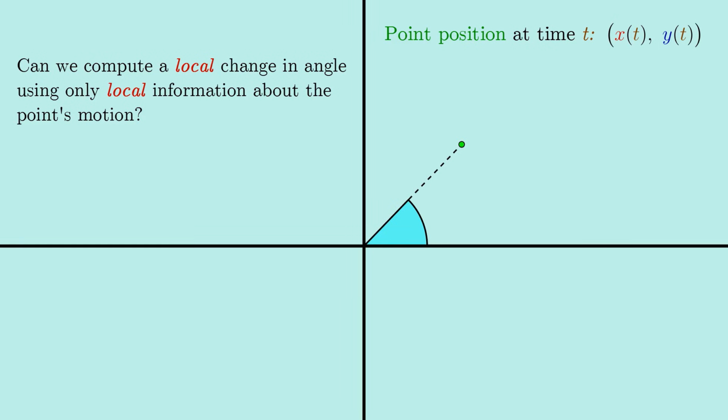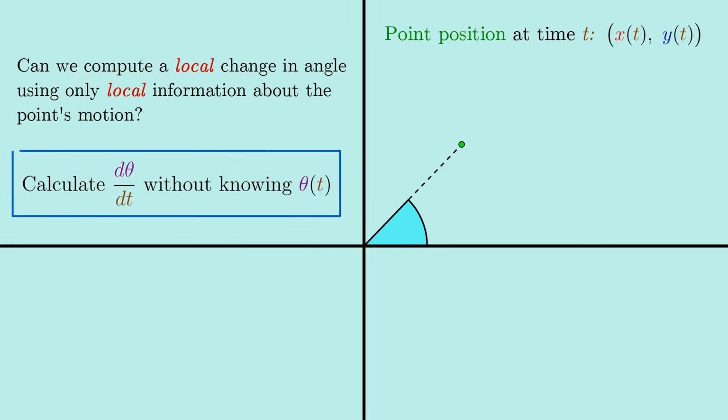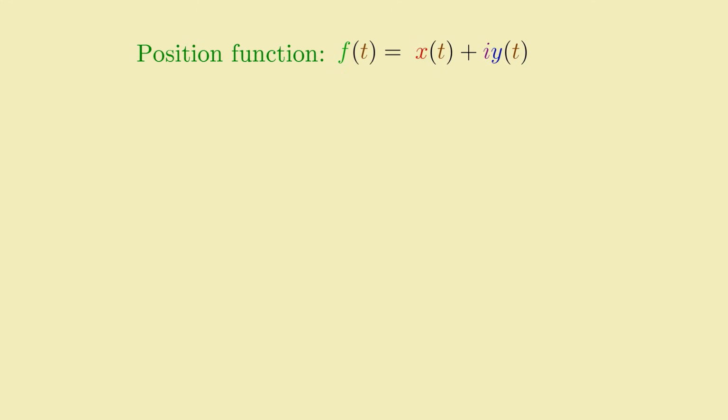Well, turns out there is a way. The trick is to calculate the derivative of the angle function indirectly without having to know its full angle function in advance. And complex numbers provide a sneaky way to do just that. To do it, first package our two coordinate functions, x of t and y of t, into a single complex valued function, f of t, which outputs x of t plus i y of t for any given t value.